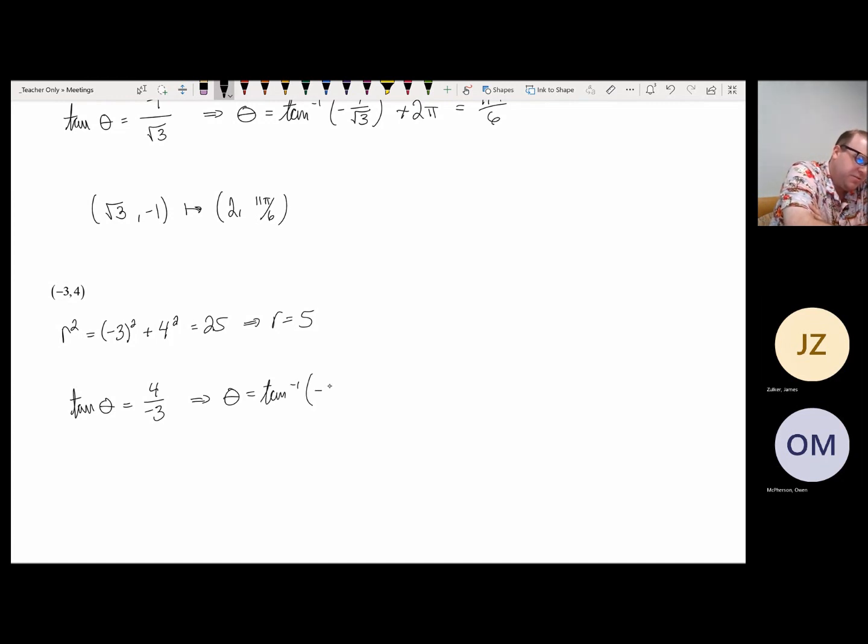Would this be true? Have to add pi. Because our point is located in the second quadrant. The inverse tangent is going to give us an angle in the fourth quadrant.